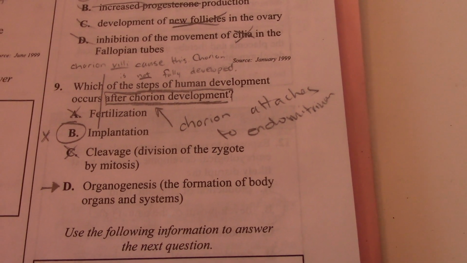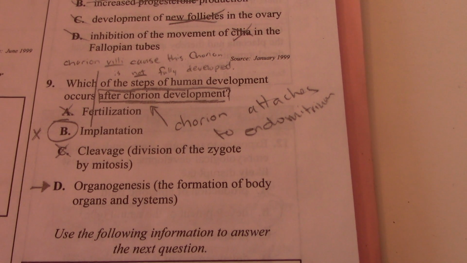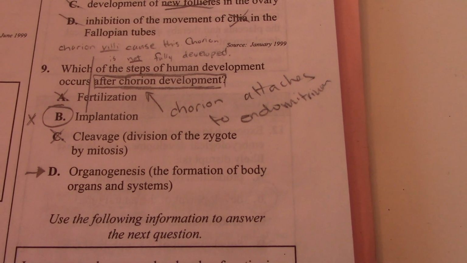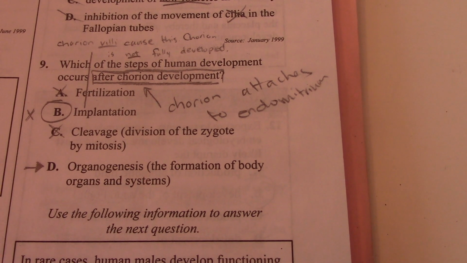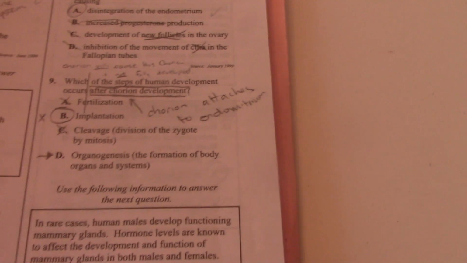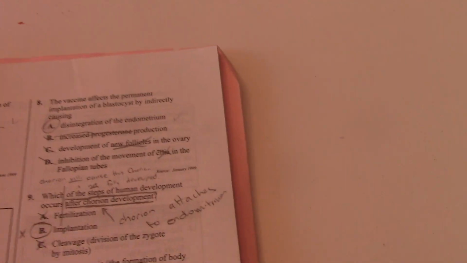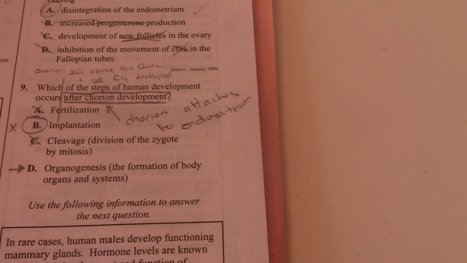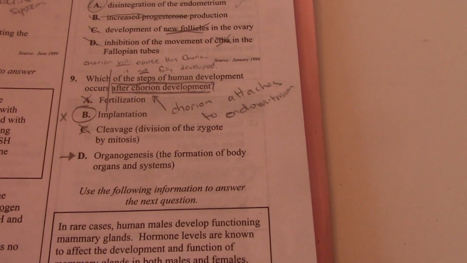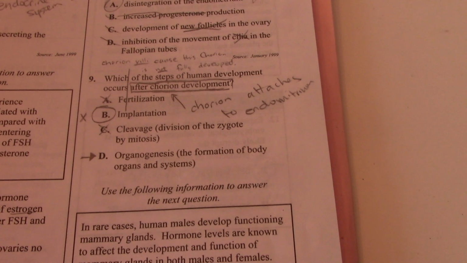Which of the steps of human development occurs after chorion development? Okay, so the chorion, right, is the fetal portion of the placenta. Right, you can see that A, B, and C are not the right answer to that. D is. So the chorion, remember, comes from the trophoblast of the blastocyst.